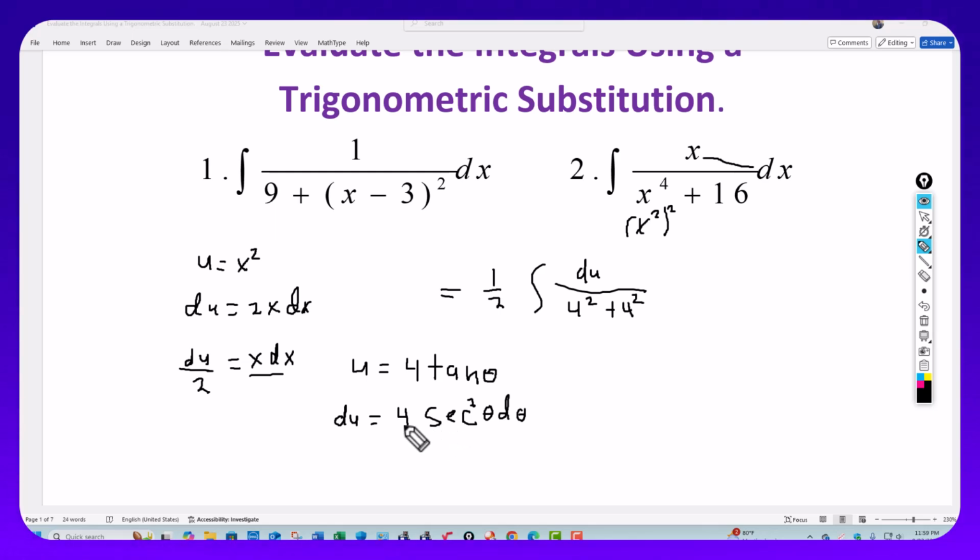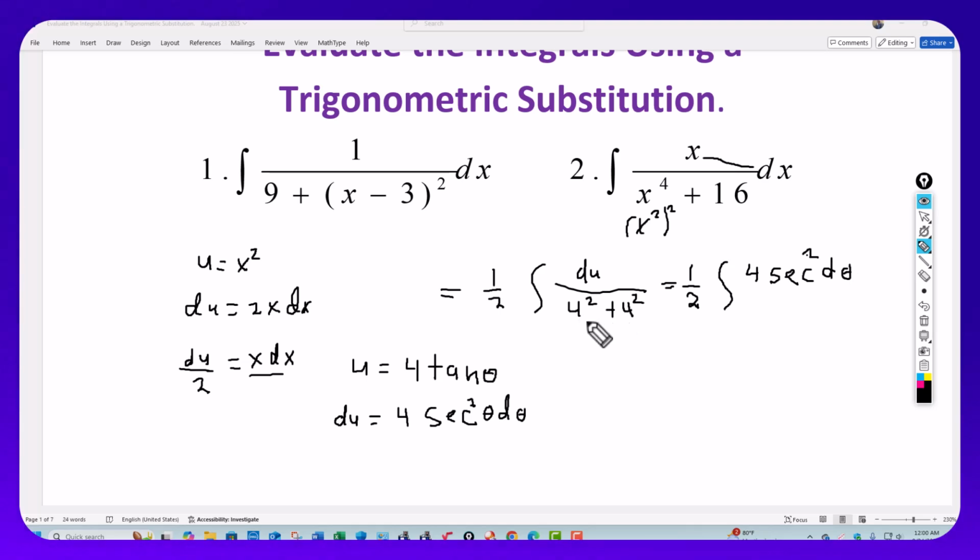We're going to leave it like this because we want to replace the u here. This would be a 1/2 in front, the integral, and du is going to be 4 secant squared theta d theta.